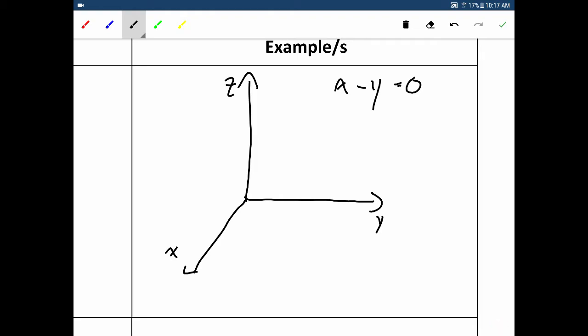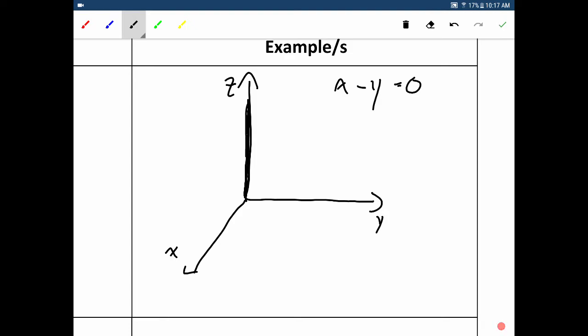So first of all, we're including the z-axis, because that's the missing variable. So we're going to include that entire axis. Now we let z equal 0, and we pick a point. We can pick anything, like 3, 3.